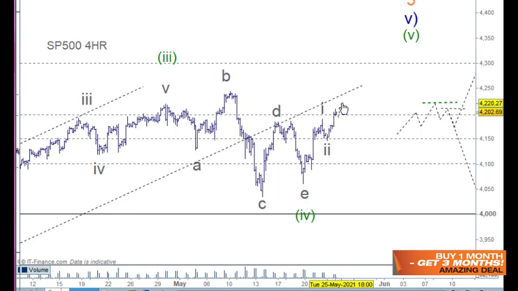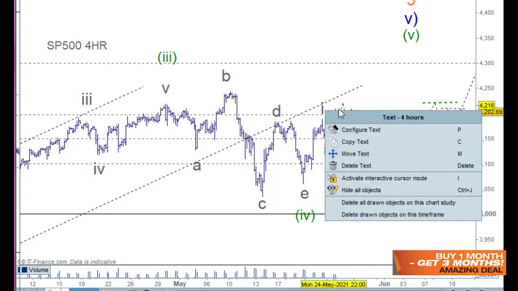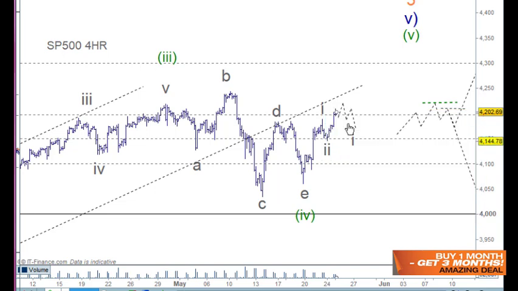So we'd be looking for a little bit more high here, and we'll go into a bit of detail with this, and then we would see the corrective move. Now it could pull back to the 61.8% of this length here and then move up, but if wave 1 is actually sitting on the top here, then we would see a deeper correction at that point, and we would come down a bit further here.